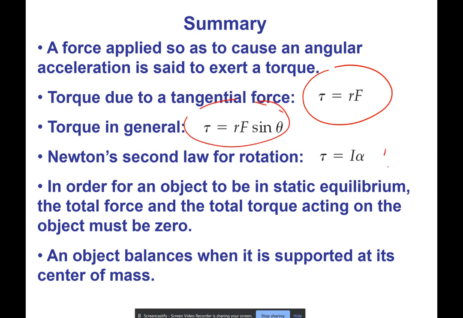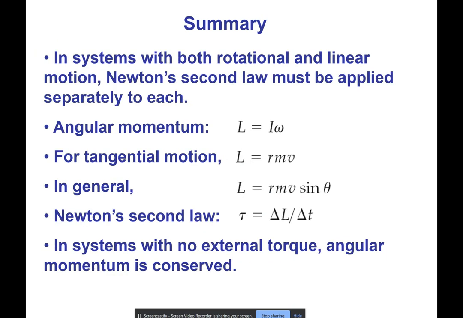This equation is not on your formula chart, but it's just mass times acceleration, put into rotational form. Anything in equilibrium has to be balanced. Same thing with force and torque: the net force and the net torque have to be equal to 0. An object is balanced when it is supported at its center of mass.